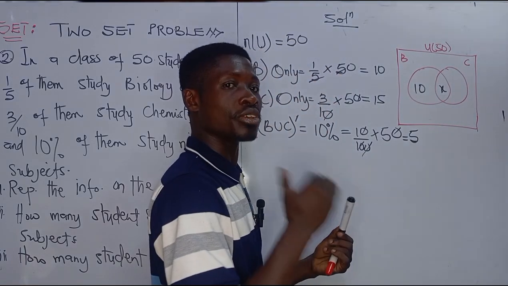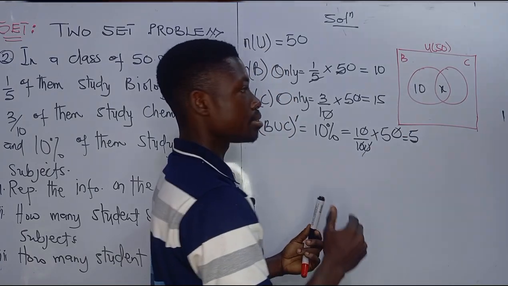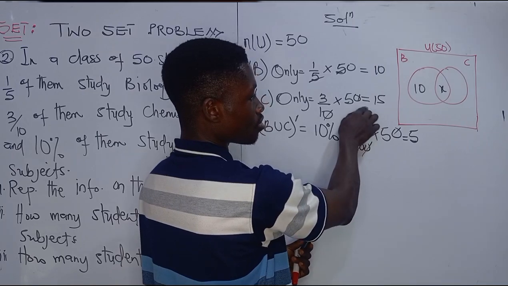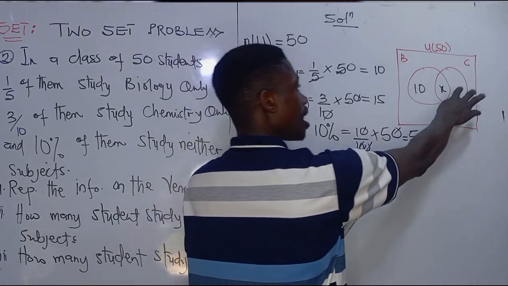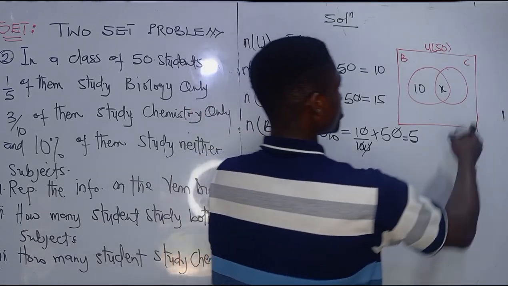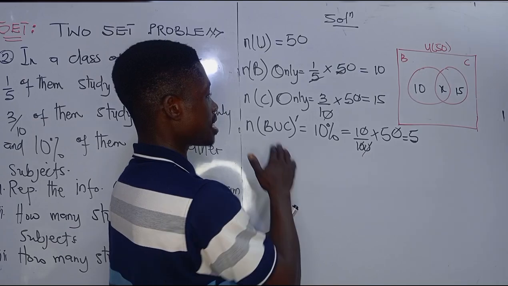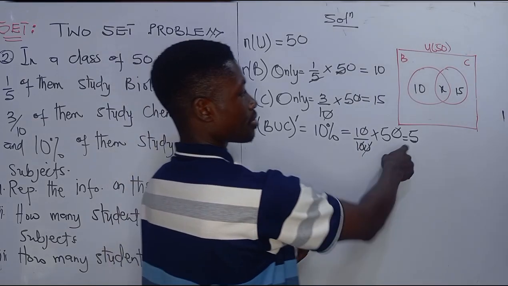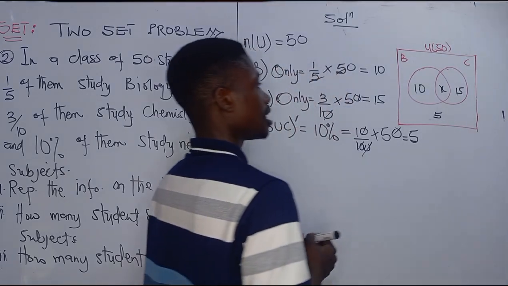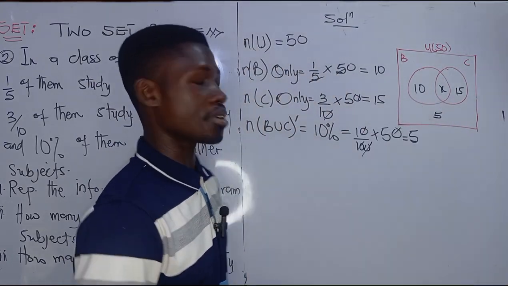This region represents chemistry only, so we just write the whole 15 there. And the number of students who offer neither biology nor chemistry, 5 students, goes outside. That is that for the Venn diagram.